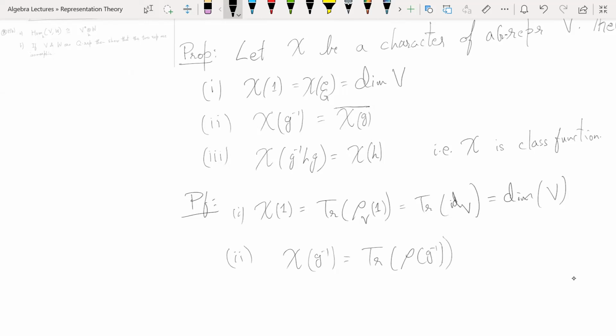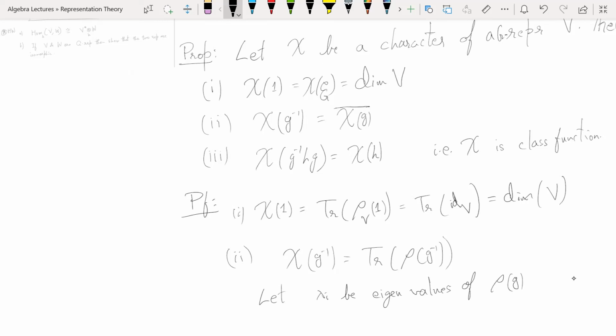How do you compute the trace of an element of GL(V), or the trace of a matrix? You can look at its eigenvalues and sum the eigenvalues. So let the lambda i's be the eigenvalues of rho of g.